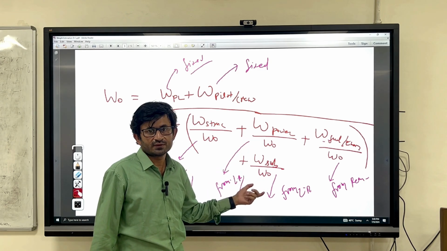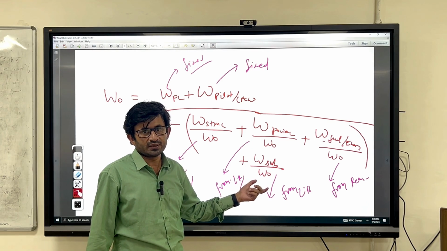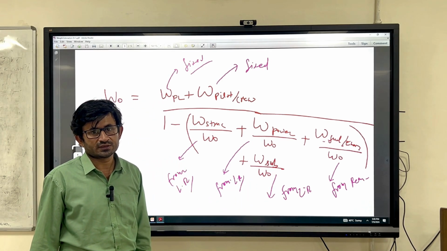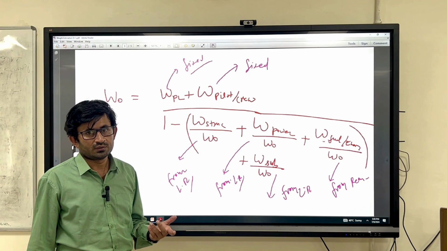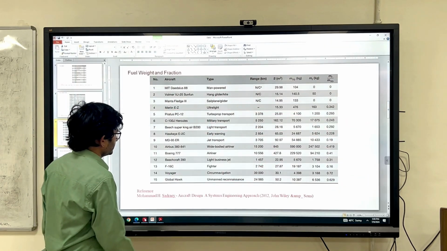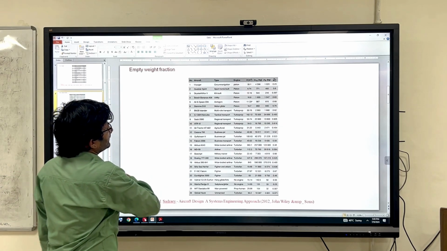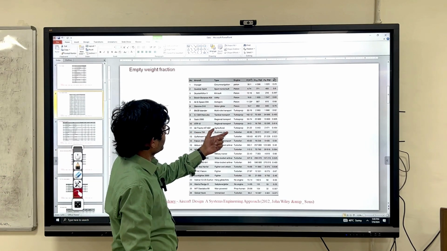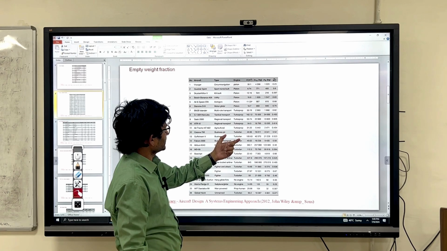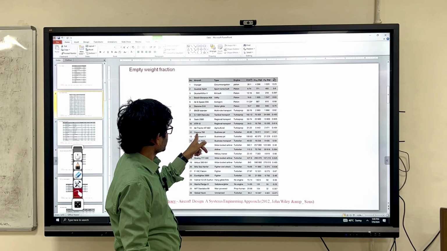So 55% will be the empty weight fraction, and you will see in many aircraft the empty weight fraction is around 0.6, 0.7, 0.5. You can go back and check the empty weight fraction here. In our case it is coming 0.55, which belongs to the Cessna 750.